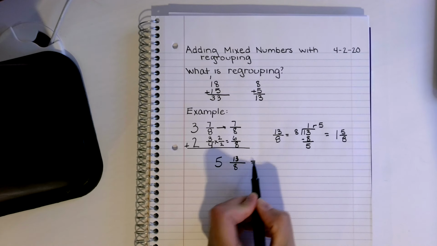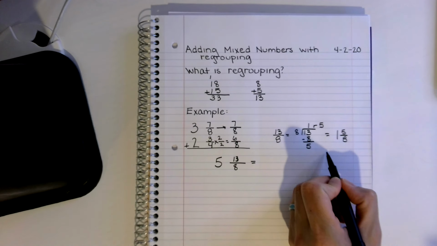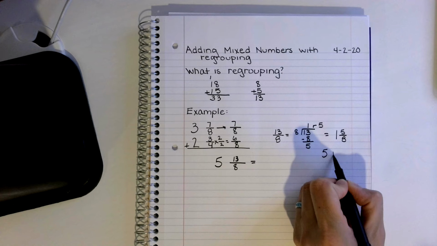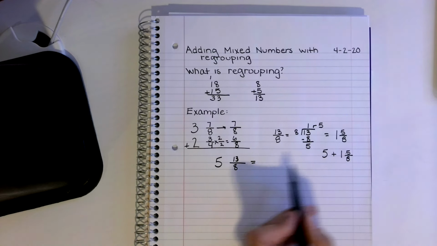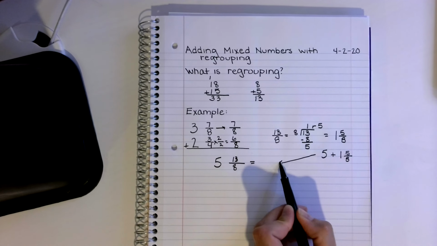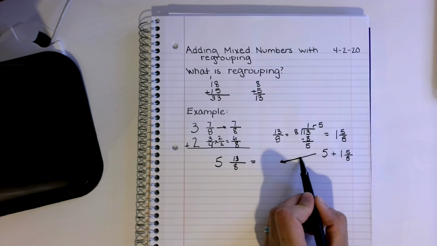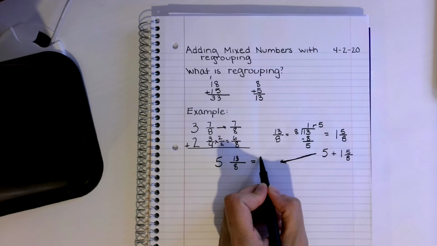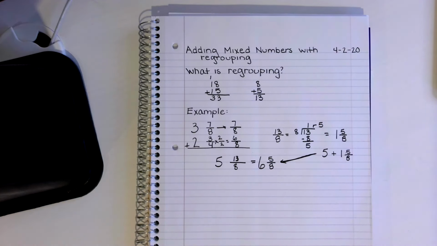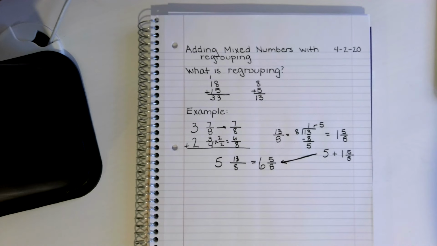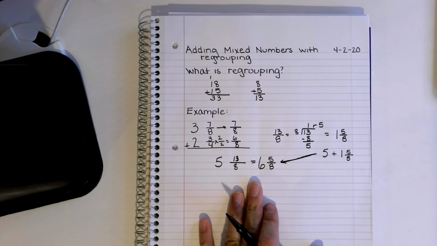So you're really adding 5 plus 1 and 5/8, and that's going to get you 6 and 5/8 as your final answer. So you're regrouping.